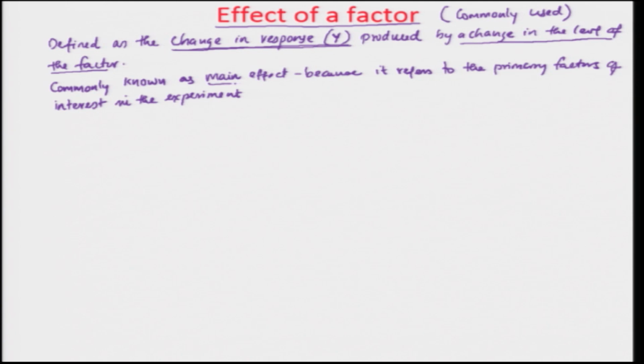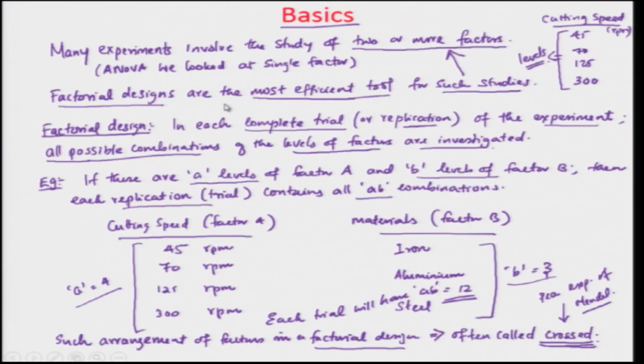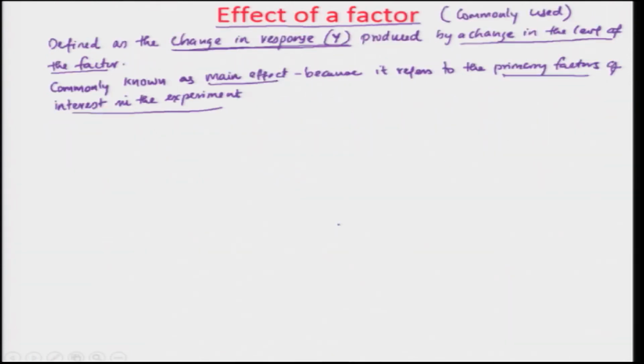Cutting speed is a primary factor. Materials is another primary factor. In the same way, we call this the main effect: the change in the level of the factor, and how it creates a change in the response variable y, is what we study, and that kind of study is called the main effect.